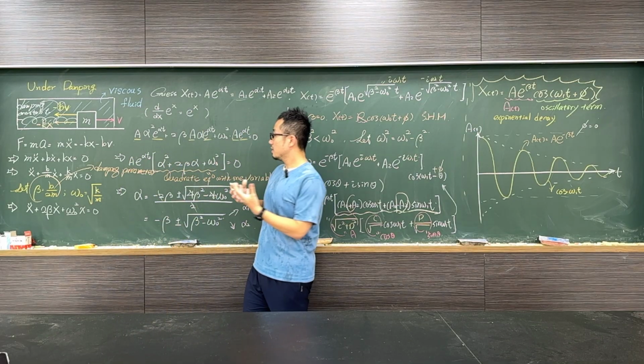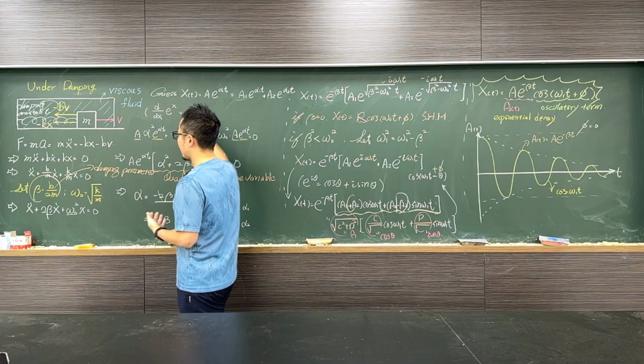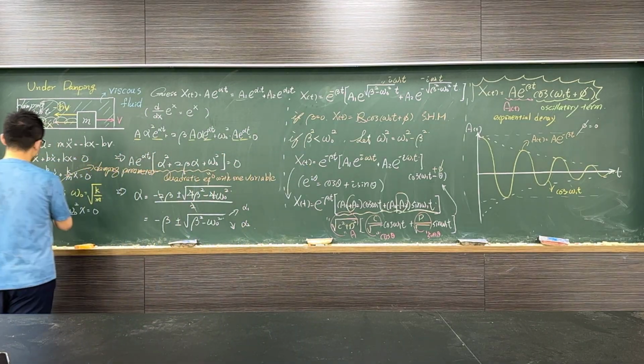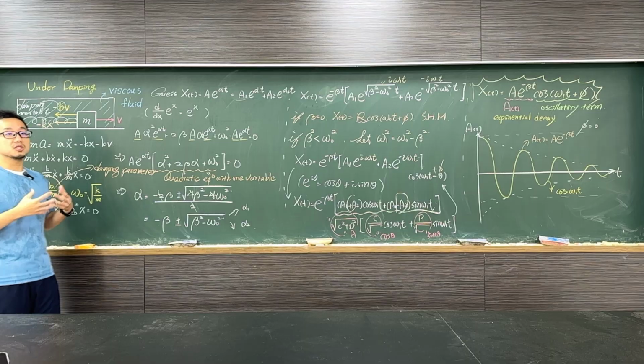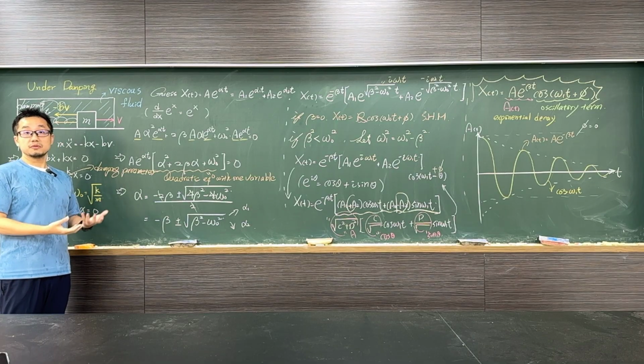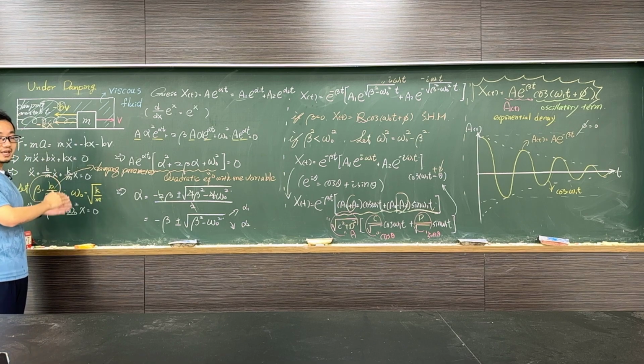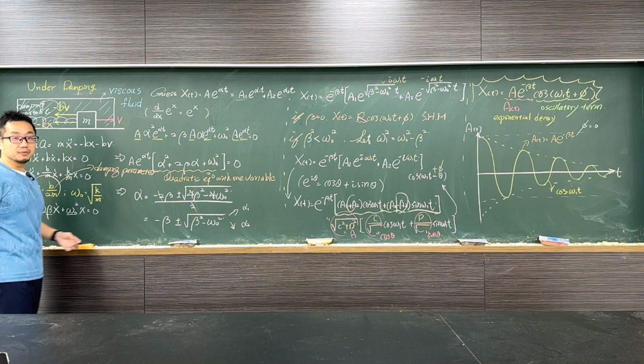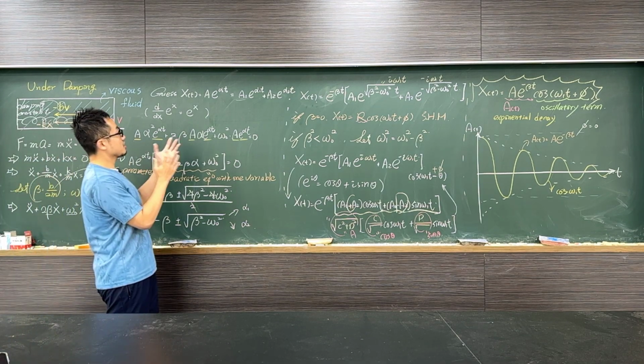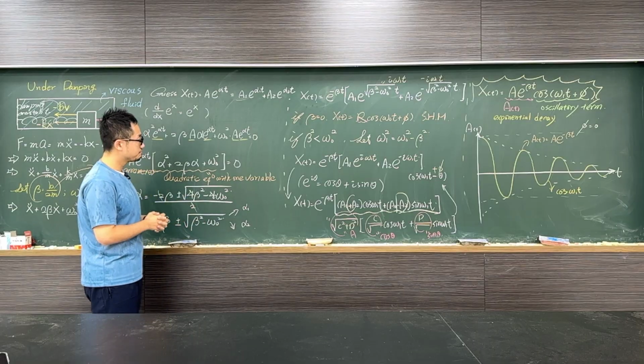So if I plug this solution back into the differential equation, all these three terms will have a similar form, so they get a great chance to cancel with each other and equal 0. So that's why I guess the possible solution is A times e to the alpha t.